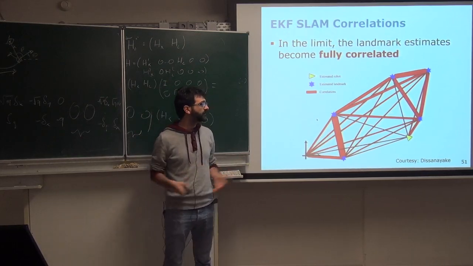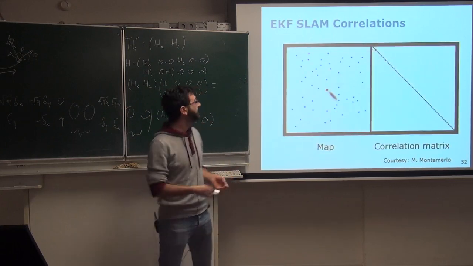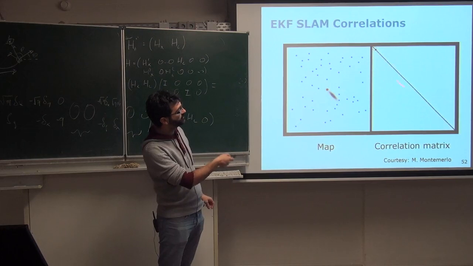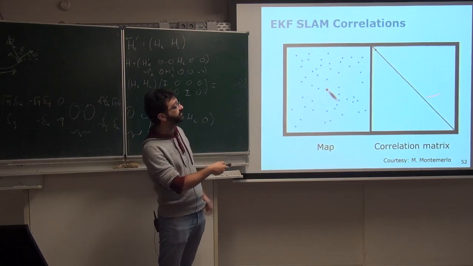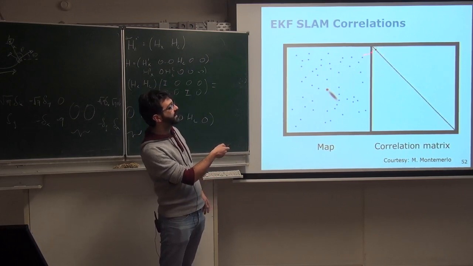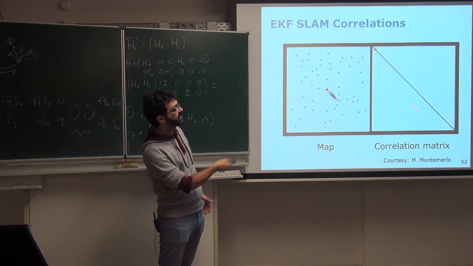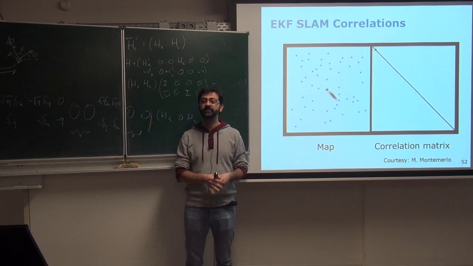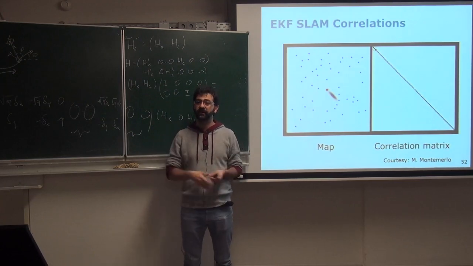And if you imagine a situation like this, where I haven't observed anything but I just have a prior of where the landmarks can be, this is my covariance matrix or correlation matrix. I have the poses a bit correlated up here with one landmark, and this other part you can imagine is either the infinity value that we put in the initialization, or someone tells you a rough idea where the landmarks are, that you can imagine as prior knowledge.